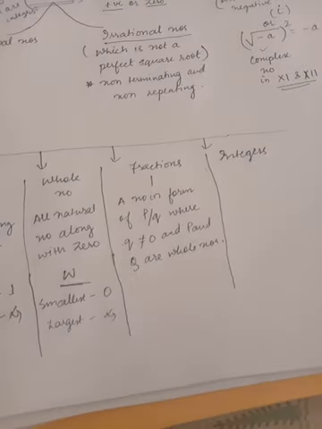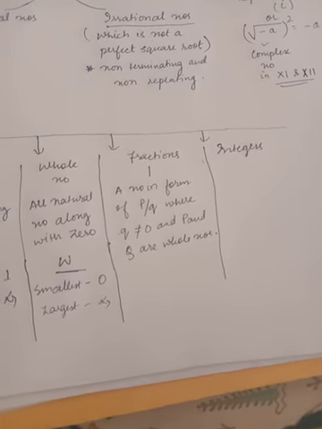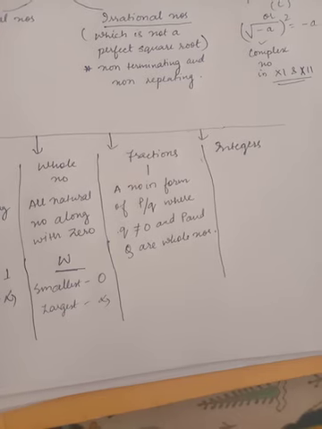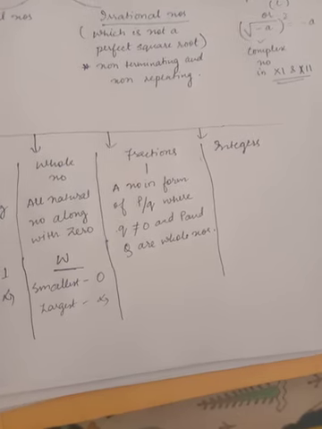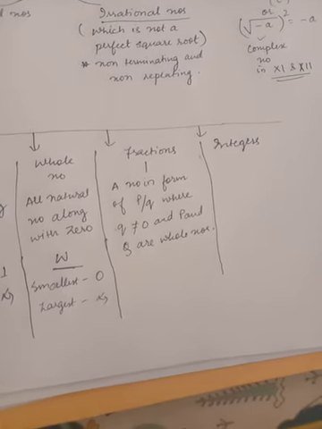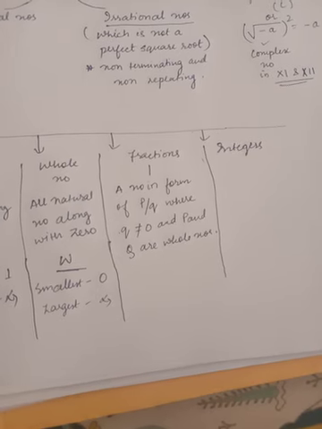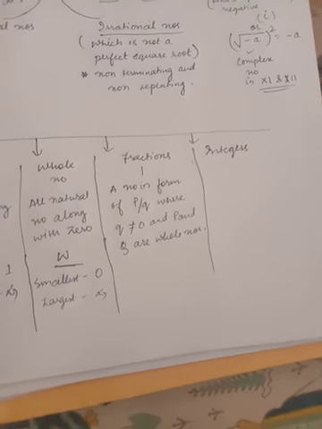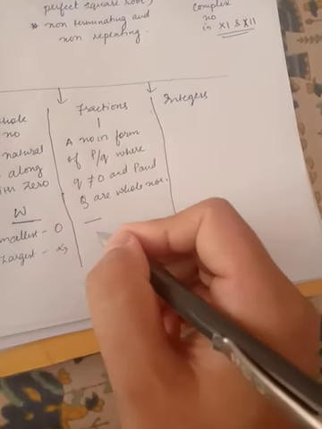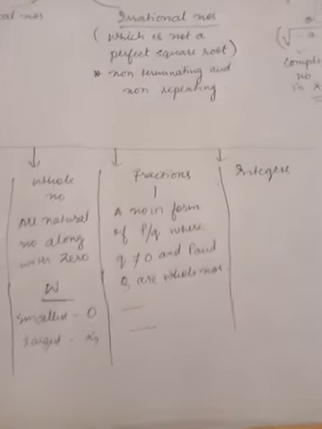Because 0 is also a fraction, 0 by 1. Sometimes everyone gets mixed up with natural numbers. No, p and q are whole numbers, and q cannot be 0, because if the denominator is 0, the answer becomes infinity. So there is no smallest fraction, and no largest fraction, because it is infinity.